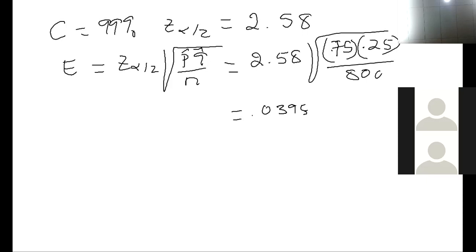So the confidence interval will be p hat minus E less than or equal to p less than or equal to p hat plus E. That is 0.75 minus 0.0395 less than or equal to p less than or equal to 0.75 plus 0.0395. So we have 0.71 to 0.79.